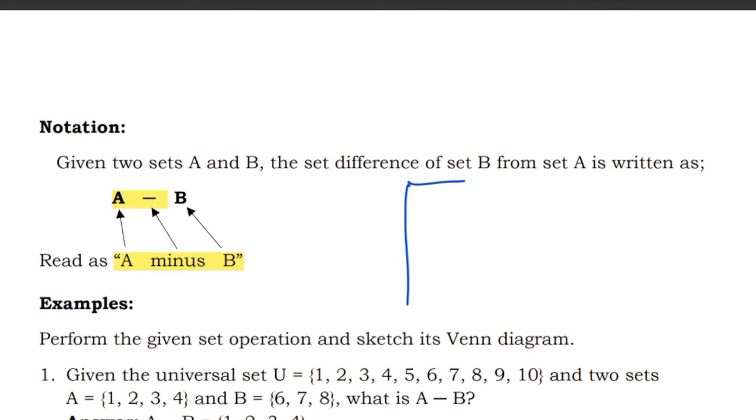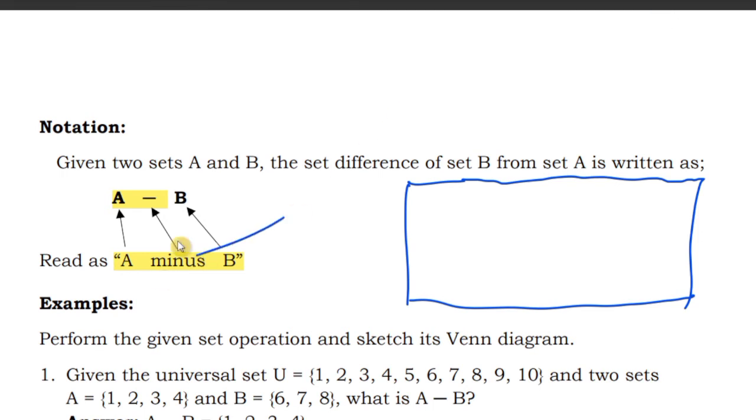Take note that if we compare A and B, they don't have any common elements.